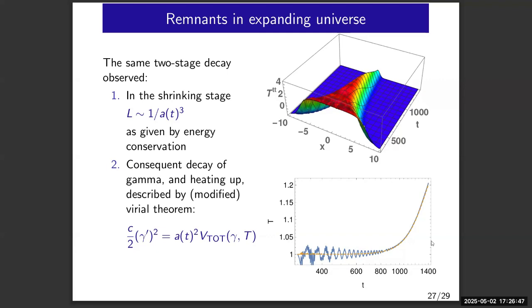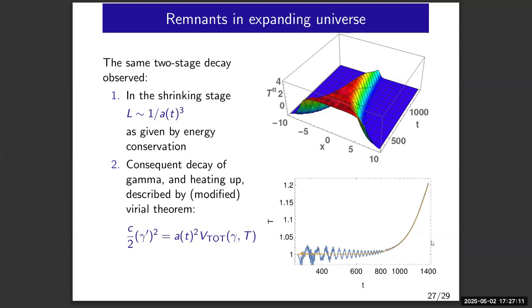And when the blob becomes of the size of the domain wall, you have this subsequent decay with the blob heating up. And they are again described by the virial theorem, except that now you need to modify your virial theorem by plugging in this factor of 18. It just comes from the metric.